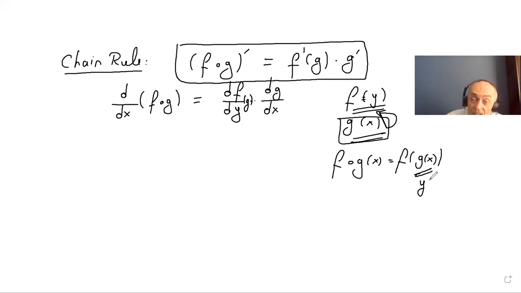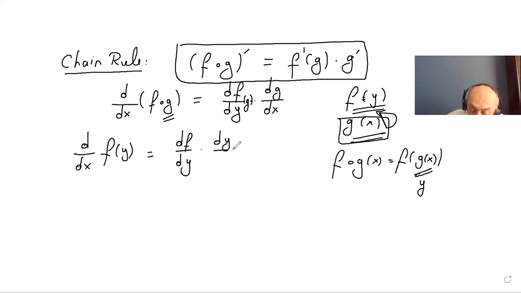In that case, there is a simpler, sort of mechanical way to remember this chain rule, which says that d over dx of f of y, remember g is called y now, is equal to df over dy times dy over dx.